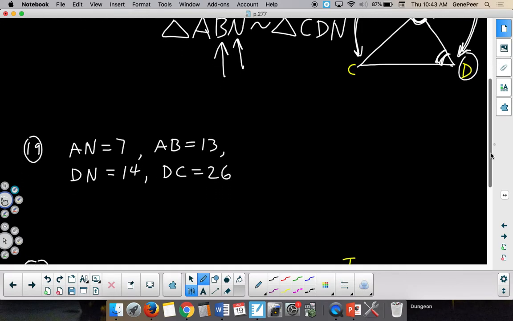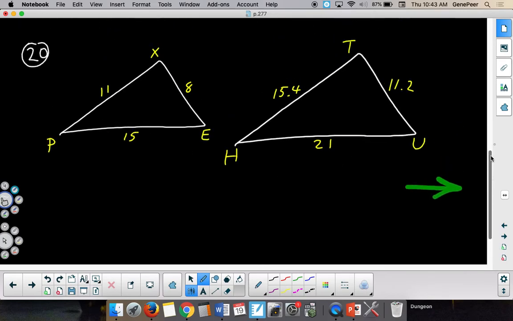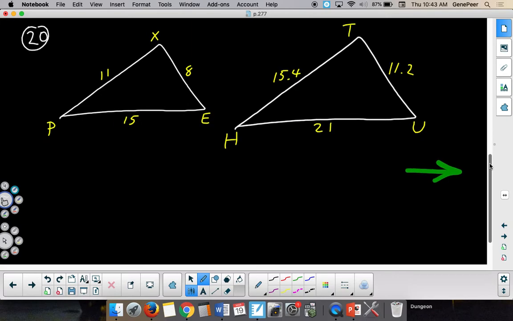And we already did number 19. Now we move on to number 20. Okay, so what are the instructions for 20? Are they the same instructions? Yep, we are deciding if the triangles are similar, and if they are, we are to state the similarity and give the reason. Well, notice, did they give us any information about angles?